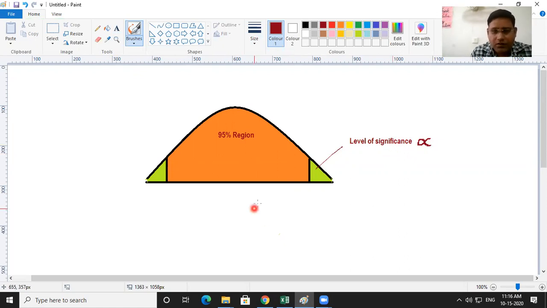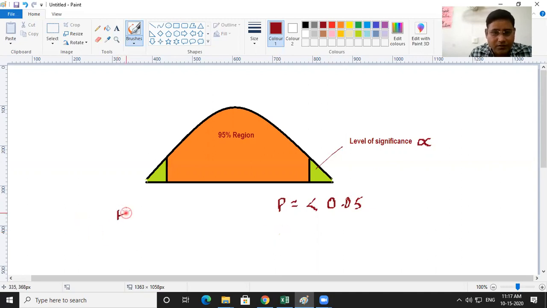So now as I told you earlier, if our p value is less than 5%, then in that case we have enough evidence that we can reject our null hypothesis.